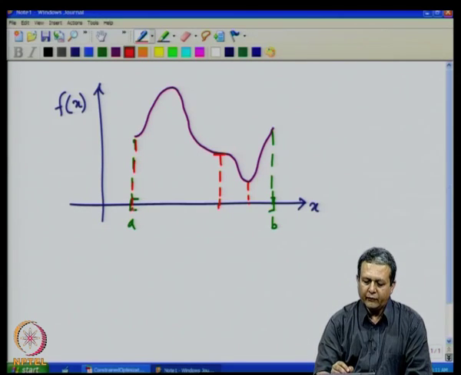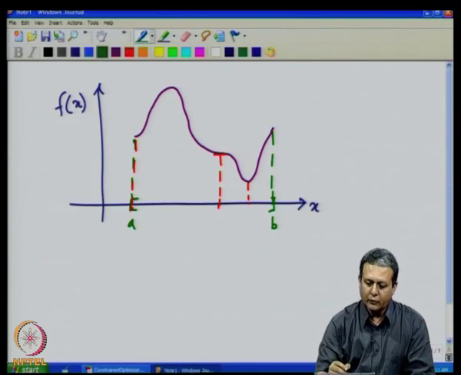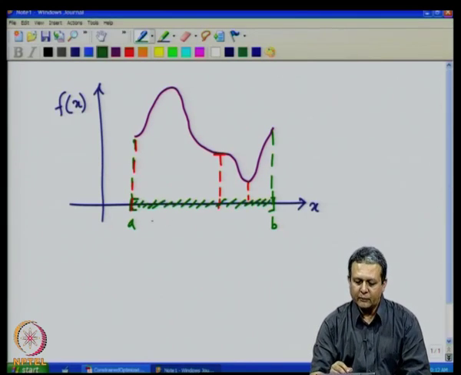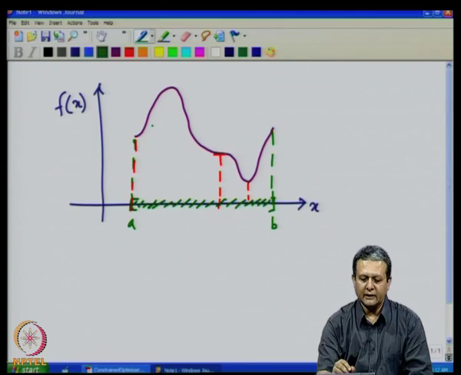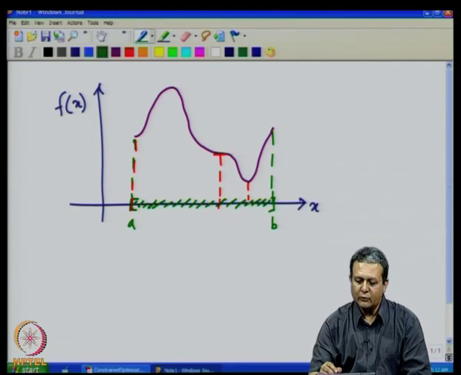So, if you consider this point, this is going to be our feasible region. Our feasible region is the closed interval a b, which is denoted here by this portion. If we move along the feasible region from the point A, the function strictly increases. Same is true here.